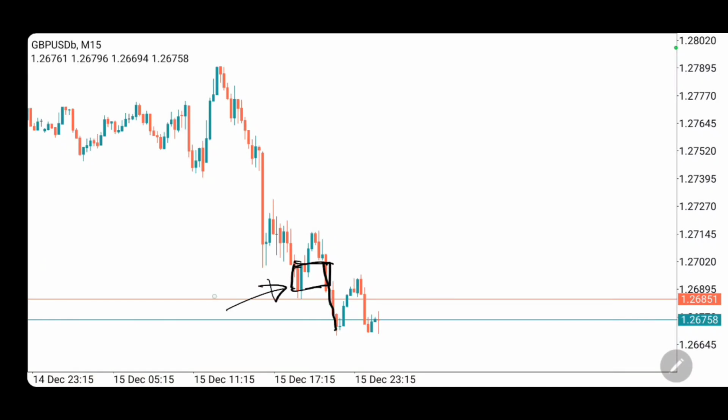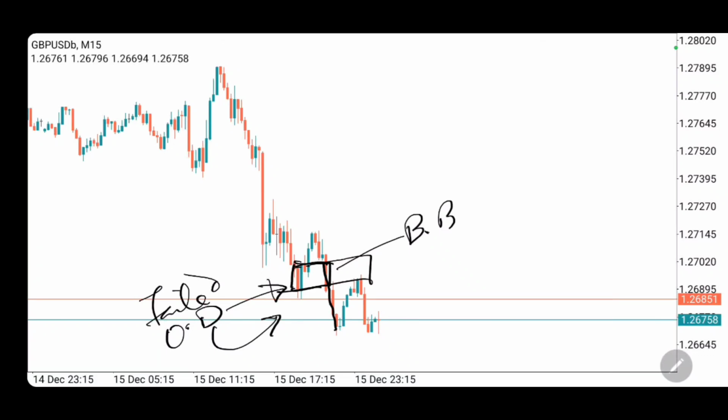This becomes a failed order block, which will now turn to a breaker block. Why? Because price would actually come back to the failed order block to sell, to mitigate and to sell from it. This is a bearish phase.